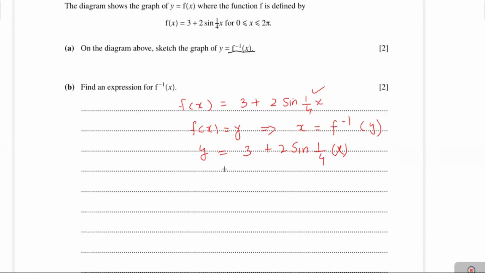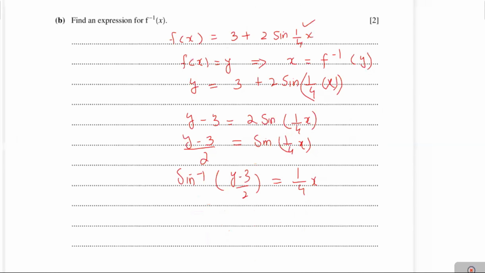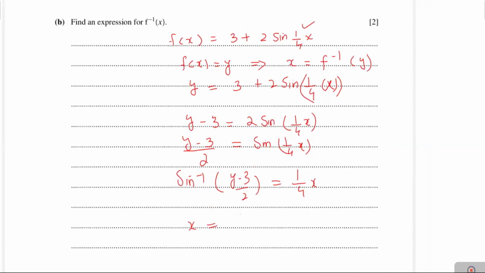Now you see here, we can write it as y minus 3 equal to 2 sine 1 over 4x, and that will be equal to y minus 3 over 2 equal to sine 1 over 4x, and this can be written as sine inverse of y minus 3 over 2 equal to 1 over 4x, and therefore x will be equal to 4 into sine inverse of y minus 3 over 2, and x equal to f inverse of y.